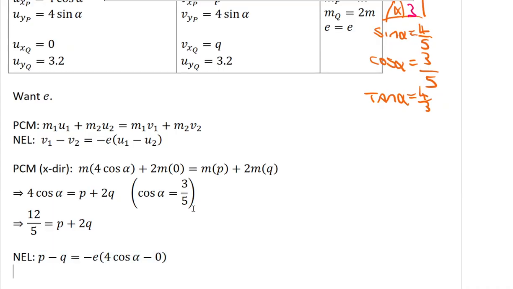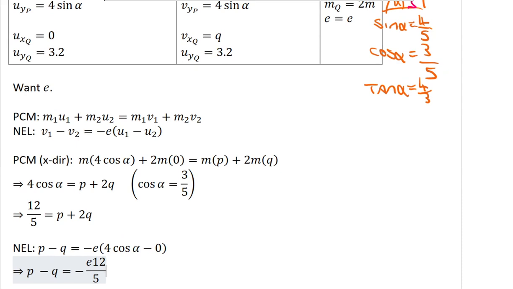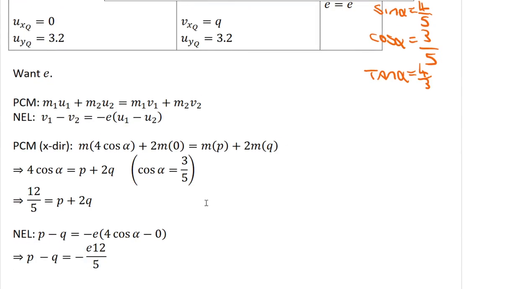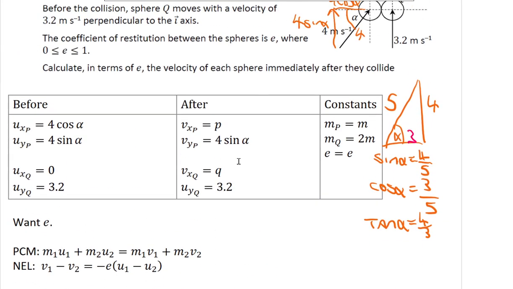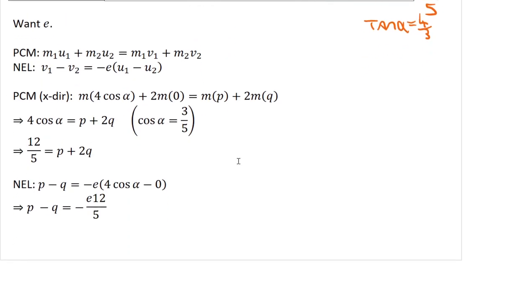So this means P minus Q equals minus E by 12/5. Now we want, in terms of E, the velocity of each thing.